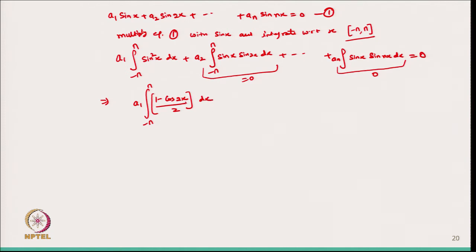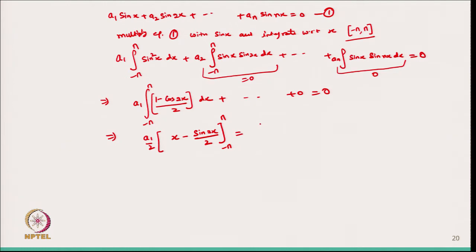So, definitely its value is not going to be 0. Plus everything else is 0, and that equals 0. Now, from here you can check that this is a1 by 2, and then I can do the integration of this one. So, it is x minus sin 2x by 2, and substituting the limits.